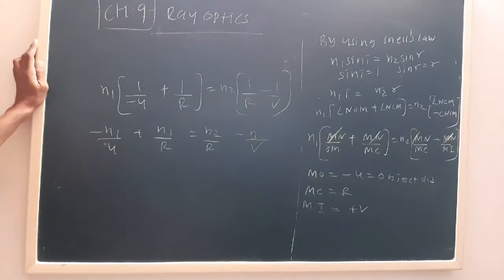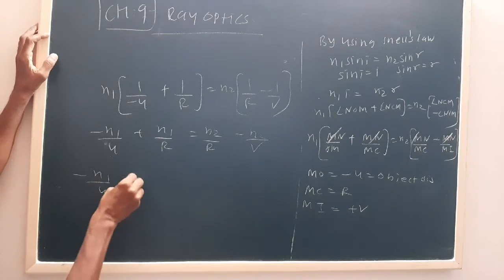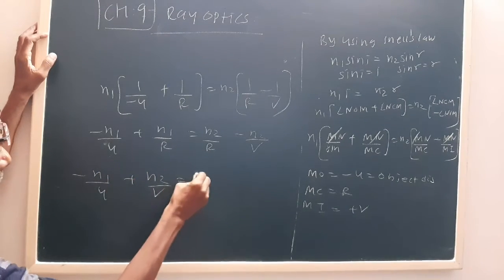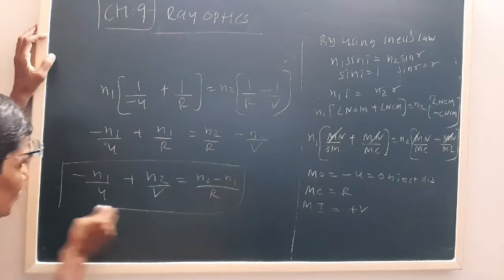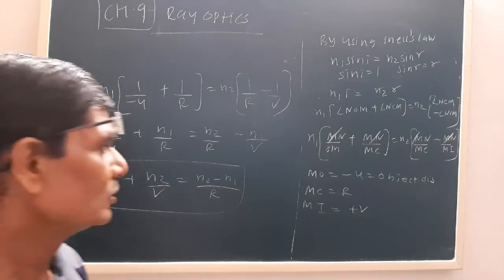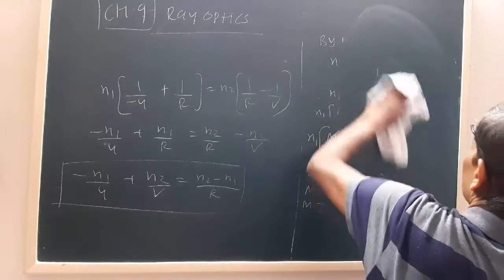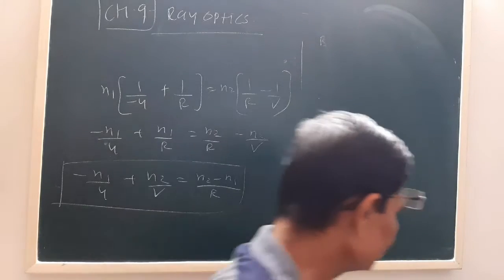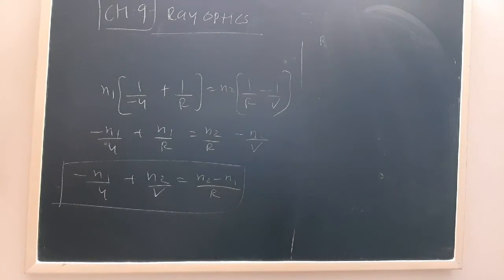Now we take the terms with r together. That will become minus n1 by u plus n2 by v equals n2 minus n1 by r. This is a very useful relation for refraction taking place at a spherically curved surface. So we can take an example based on this.